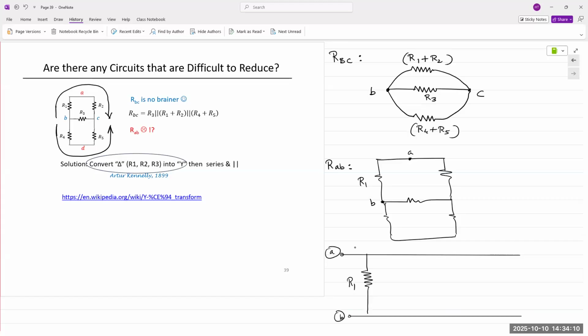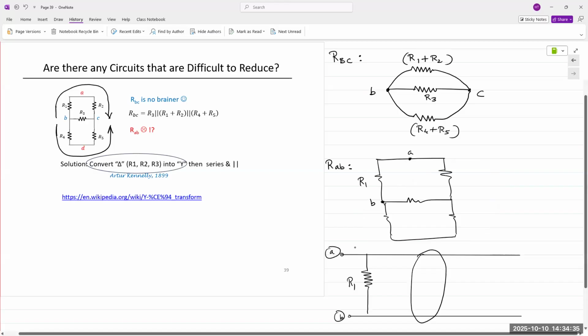The rest of the circuit, all of this, is in parallel with R1. Even if my brain cannot visualize it, technically I know it's those same 2 points, A and B. That means whatever is connected between A and B is in parallel with R1. I just don't know what that is yet. And so we'll determine it.